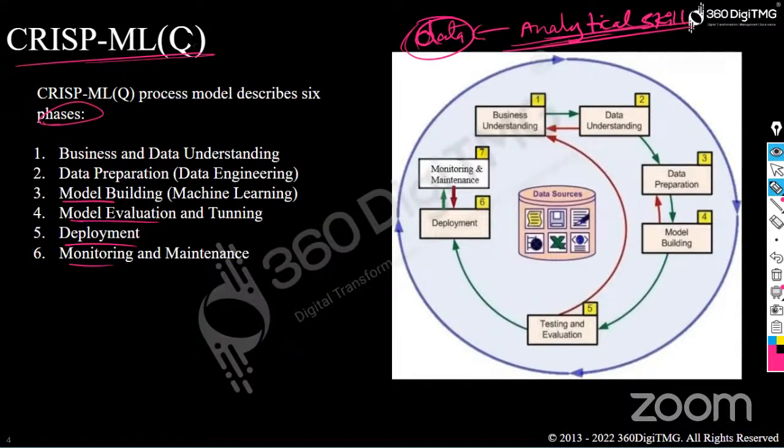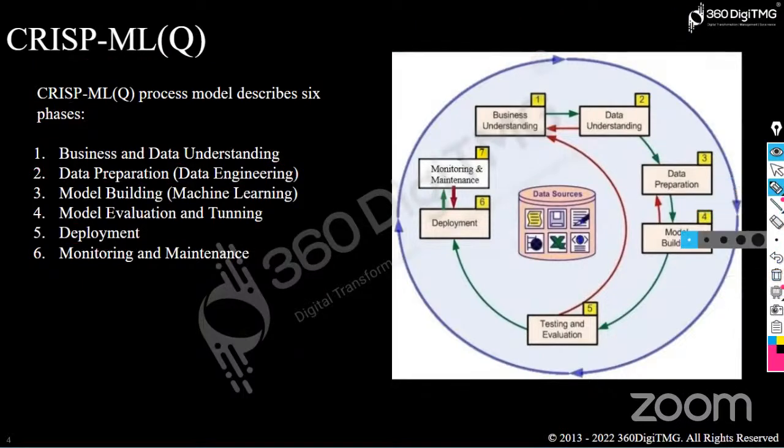Analytical skill is a part of it, where it is required for data preparation or data engineering or feature extraction or feature engineering. So CRISP-ML(Q), the process model, describes 6 phases. What are they? Business understanding, data preparation, model building, model evaluation and tuning, deployment, monitoring and maintenance.